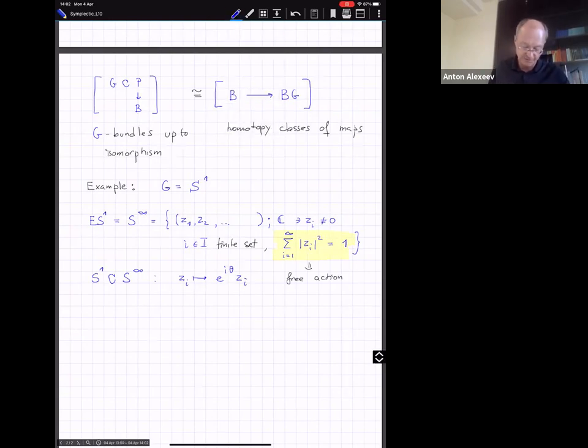Now you can think about it in the following way: there is a one-dimensional sphere sitting inside a three-dimensional sphere, sitting inside a five-dimensional sphere, and so on, where S^(2k-1) consists of sequences which stop at z_k and then continue with zeros.